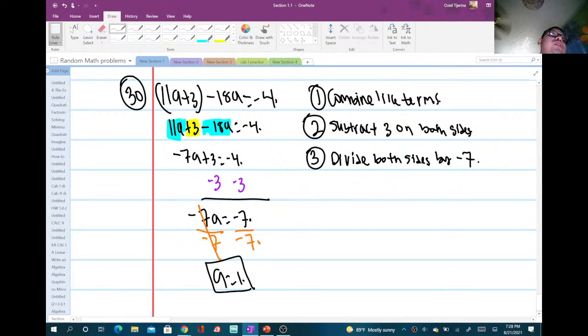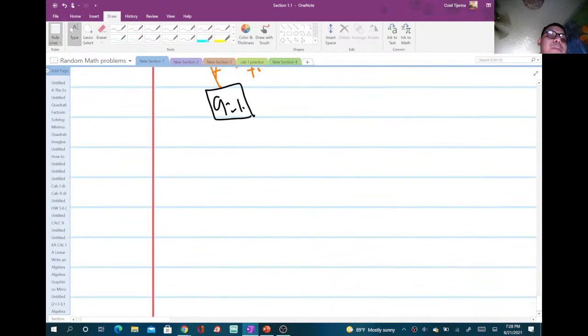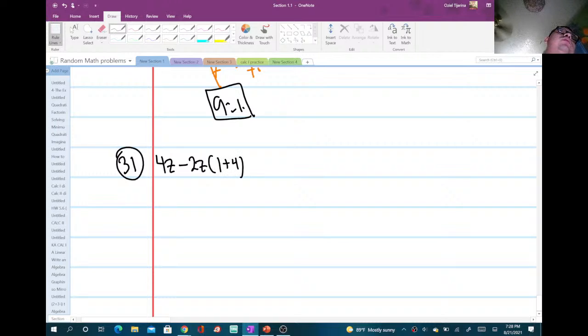We're going to do number 31. So we have 4z minus 2z times 1 plus 4 equals 36. So then this is 4z minus 2z times 5 equals 36.